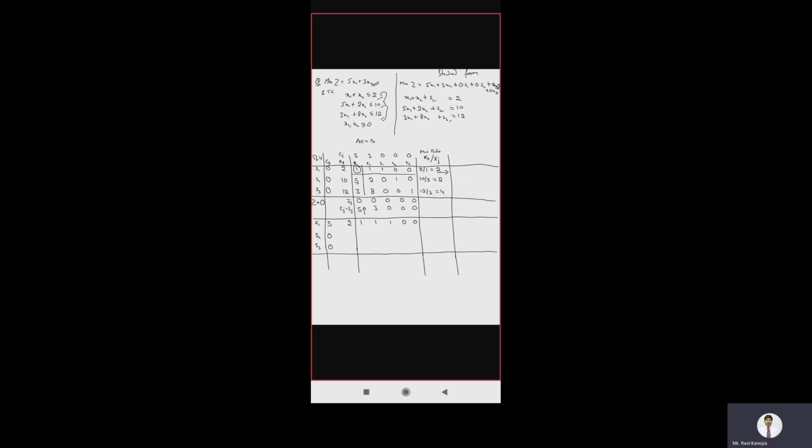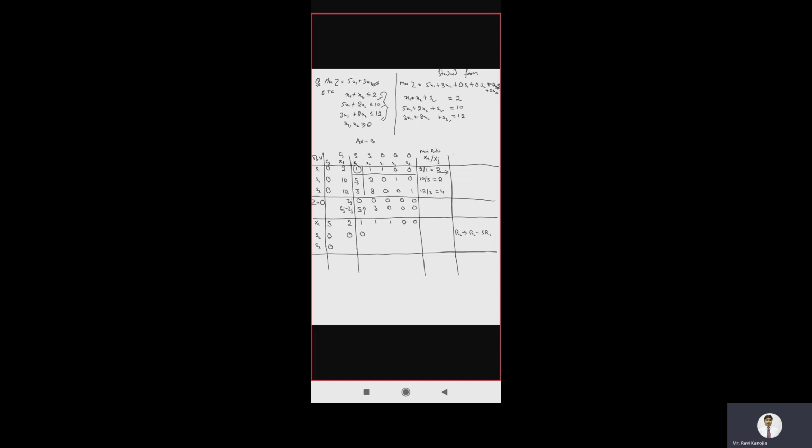The only way of doing that is by using the transformation R2 becomes R2 minus 5 times R1, because we have made this 1 and now we have to subtract. So let's do that. First is 10: 10 minus 5 into 2 is 10, that will give me a 0. 5 minus 1 into 5 is 0.